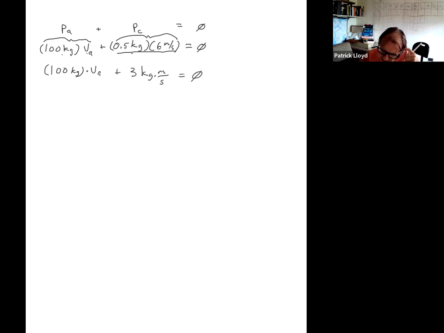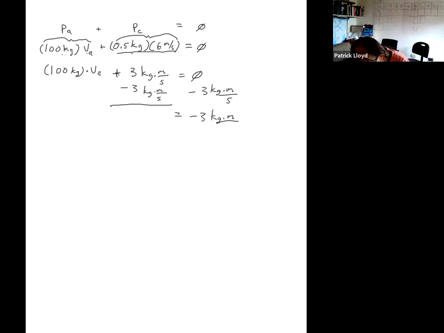So now we have to do a little bit of algebra. We have to figure out the speed. So what I'm going to do is first subtract 3 from both sides. Remember, whatever you do to one side, you've got to do to the other side, right? So plus 3 minus 3 is 0. 0 plus -3 is just -3.